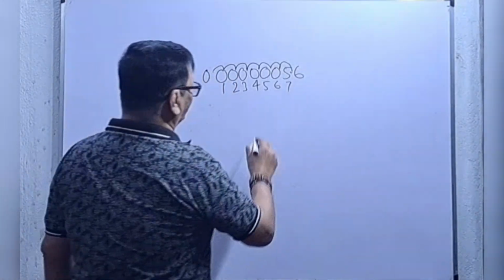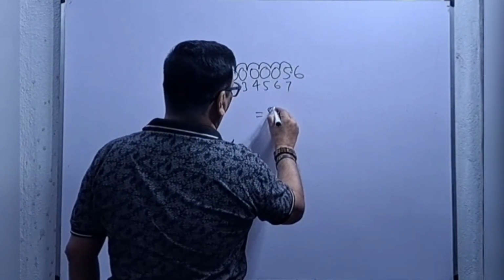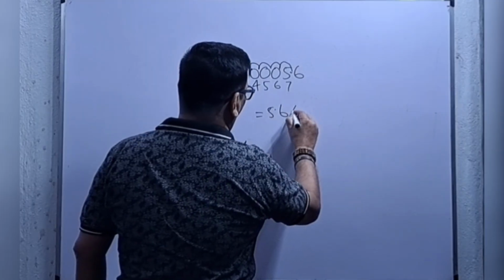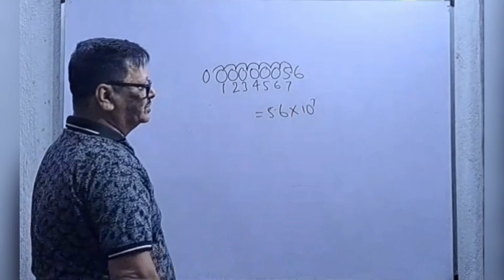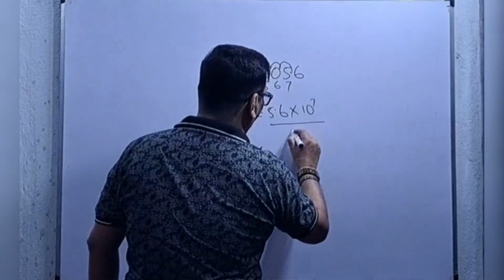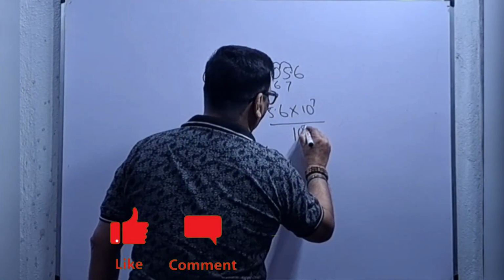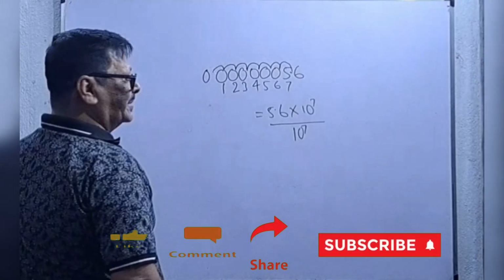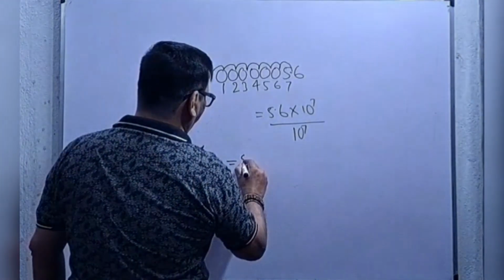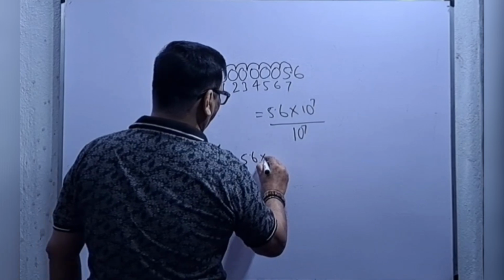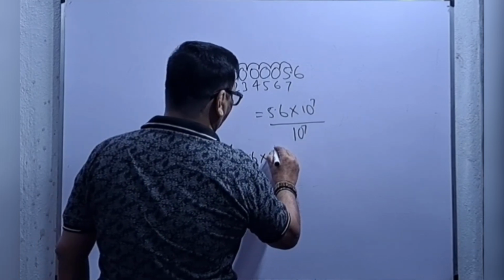So we write 5.6 times 10 to the power of 7. Now see, we have changed the values. So we divide this again by 10 to the power of 7. Correct? So we get 5.6 into 10 to the power of minus 7.